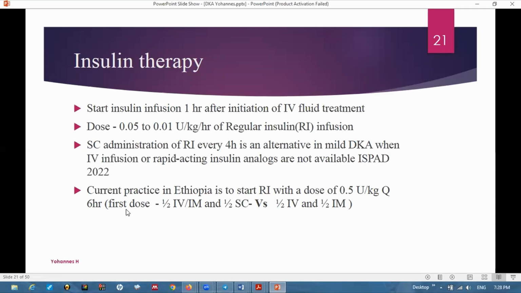We can give the first dose half IM and half IV, and the IV should be with fluid. Bolus is not recommended; it can rapidly decrease the RBS and the osmolality and may cause cerebral edema. There is a dilemma between half subcutaneous versus half IV and half IM, but in our guidelines we are using half IV and half IM.